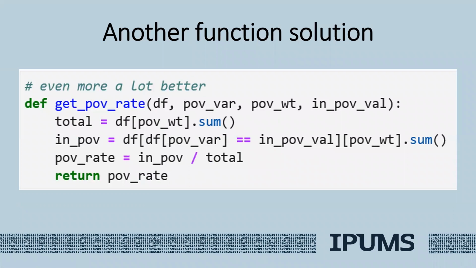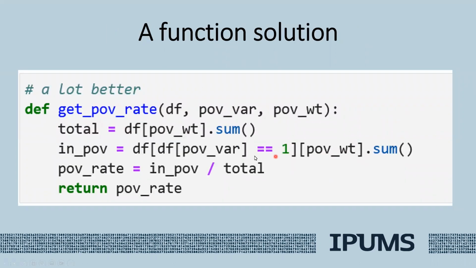Another thing that we could do to make this even more flexible is to make the value that indicates poverty status an input, a user-controlled input to our function. So here you can see this line that calculates the numerator requires that the value indicating someone is living in poverty is 1. And in our data, that is true, and so that's maybe not a huge deal.